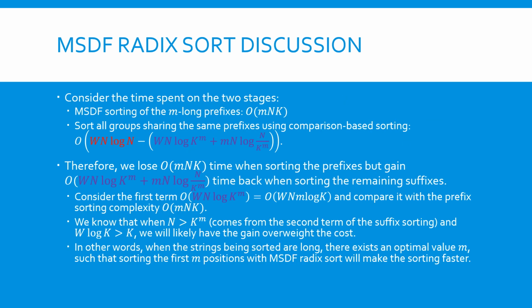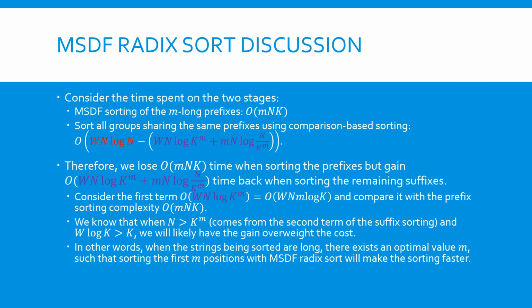Taken together, we have spent O(mNk) time on sorting the first m positions of the strings using MSDF Radix sort. And we spent O(WN log N minus WN log k to the power of m plus mN log N over k to the power of m) time to sort the remaining positions using comparison-based sorting.